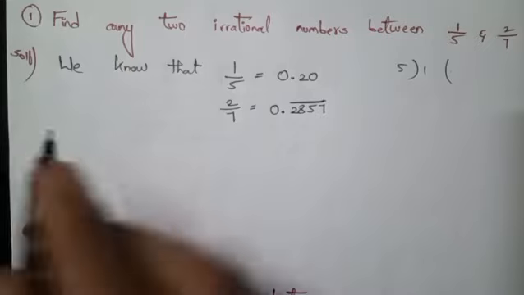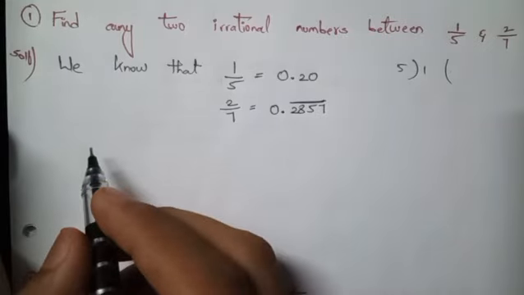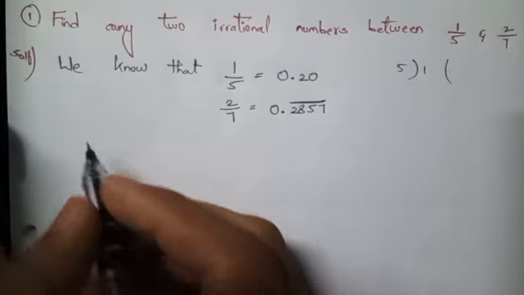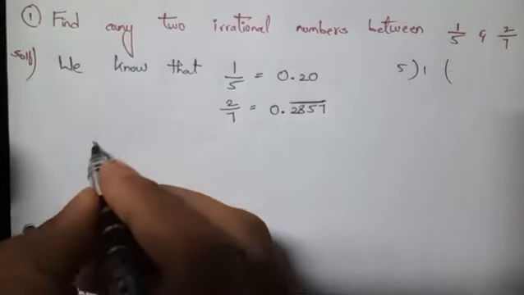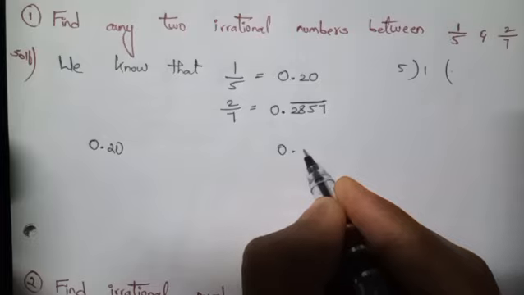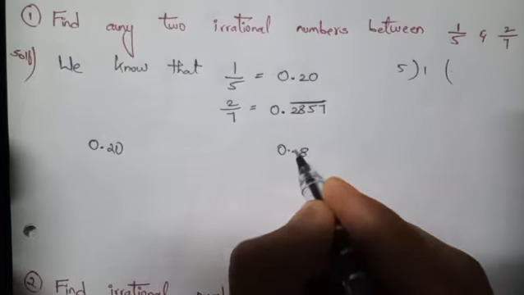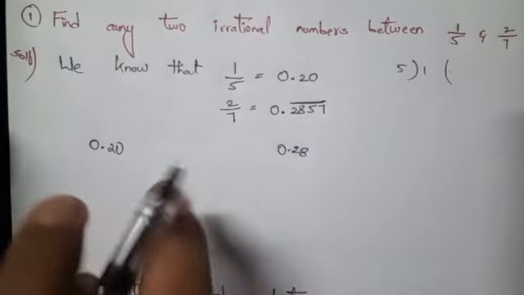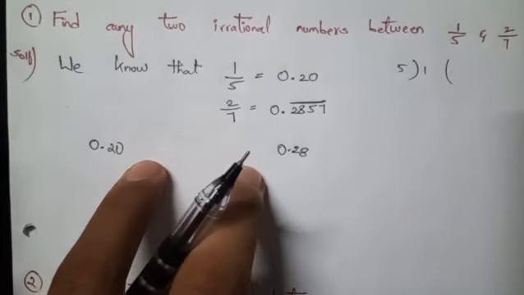Okay, so next step, to find two irrational numbers, observe these two, 0.20 and 0.2857. We have to write numbers between these two numbers.